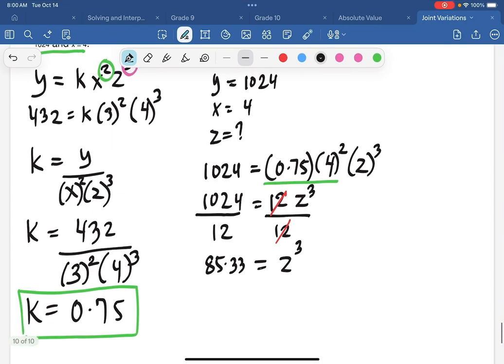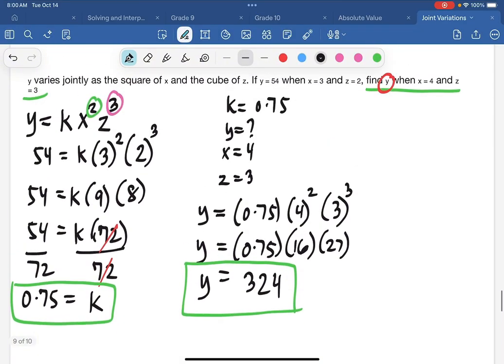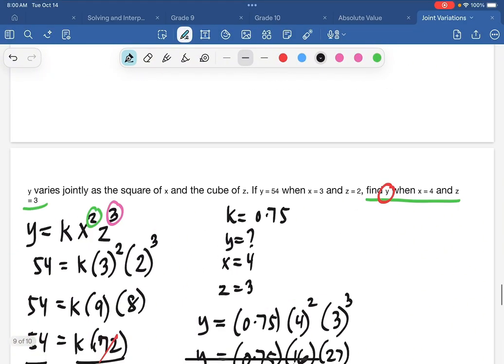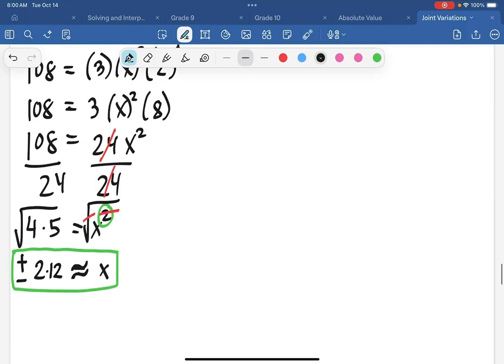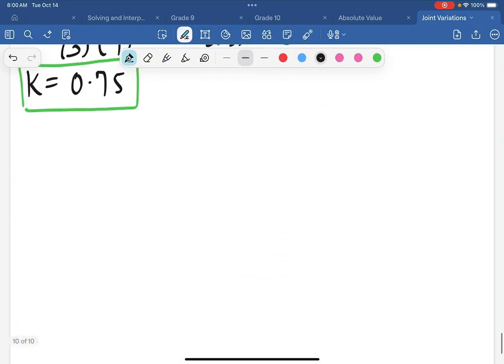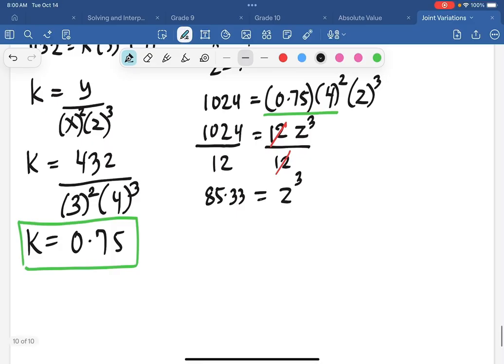Earlier we had a square root because we have an x squared here, so we extracted the square root. And this time, since our exponent is 3, we're gonna be extracting cube roots. I know that we haven't discussed radicals yet, but just an advanced thing.